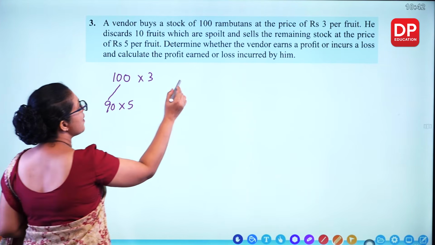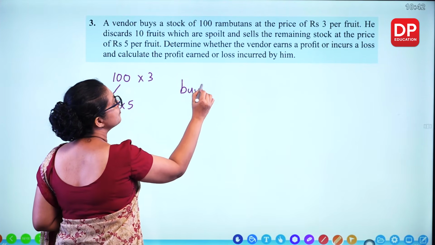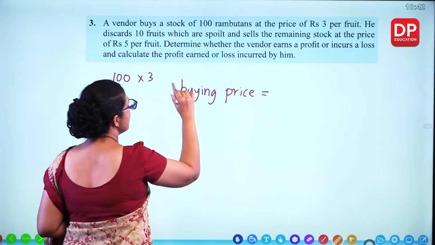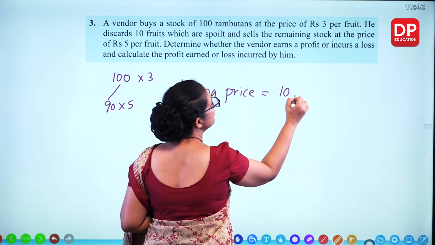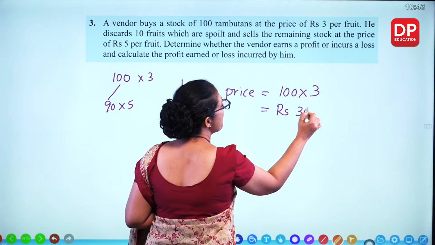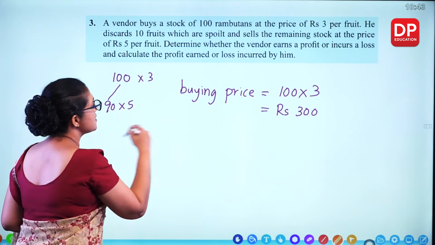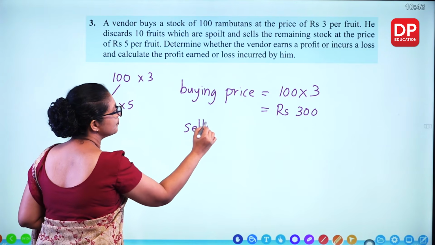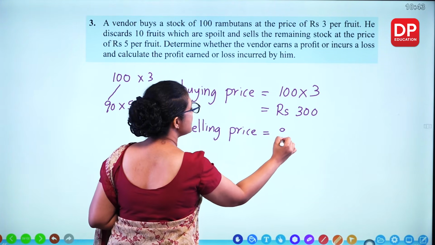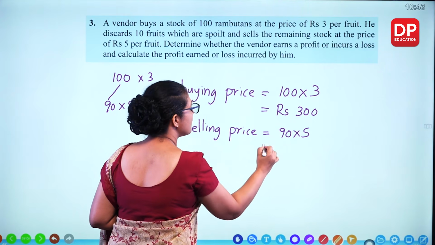So what's the buying price? Buying price is 100 into 3, 300 rupees. What's the selling price? Selling price is 90 into 5.